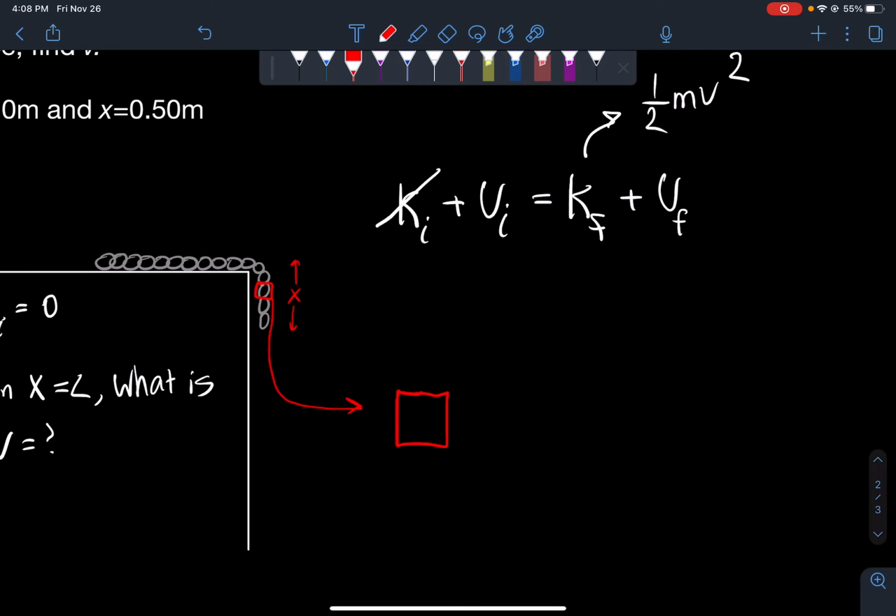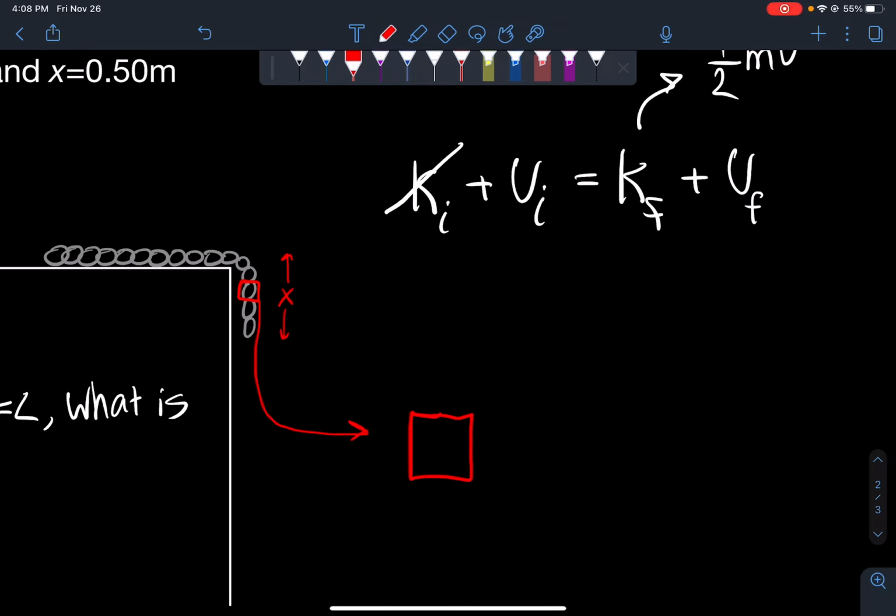That square that I just drew is going to be a very small piece of the chain, so small that the height right here is dy. This height is dy, and the mass of this little piece of the chain is going to be dm. So small that I've introduced differential elements.